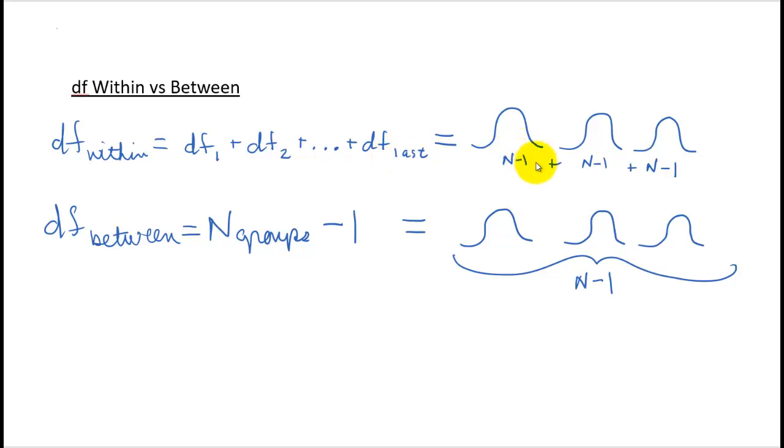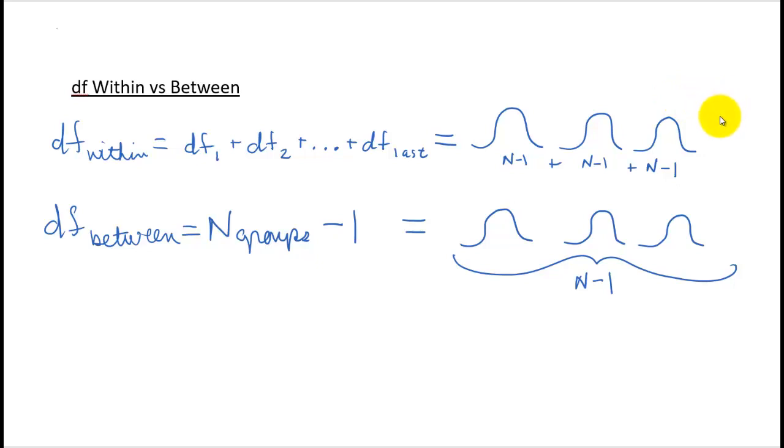So in this case, it's n minus 1 plus n minus 1 plus n minus 1. If there were 5 people in each group, you would have 5 minus 1 is 4, plus 5 minus 1 is 4, plus 5 minus 1 is 4. 4 plus 4 plus 4 would equal 12. That would be the amount of degrees of freedom within.